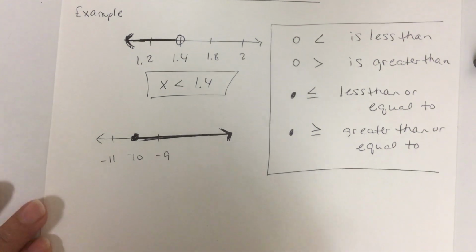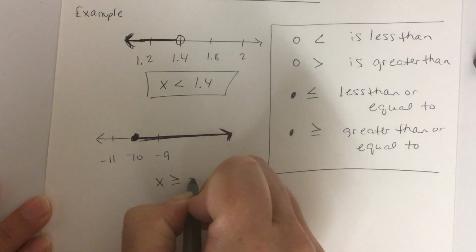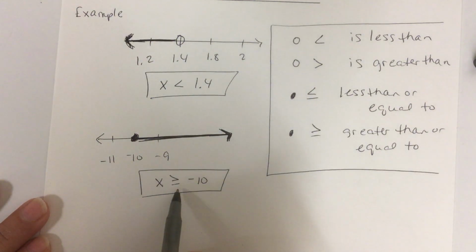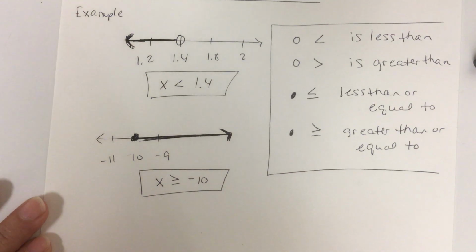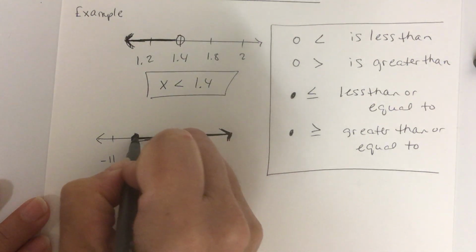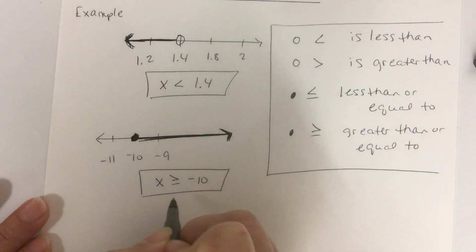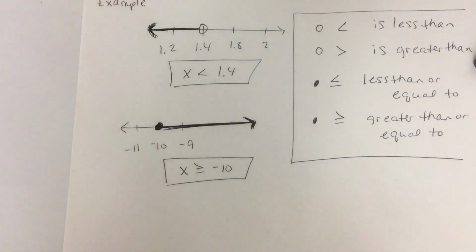Pause the video if you need to think about it a little bit longer. So this is x is greater than or equal to negative 10, because any of these numbers are greater than or equal to negative 10. And because we have this closed dot there, I could put negative 10 in there. Negative 10 is greater than or equal to negative 10 because it's equal to it, okay?